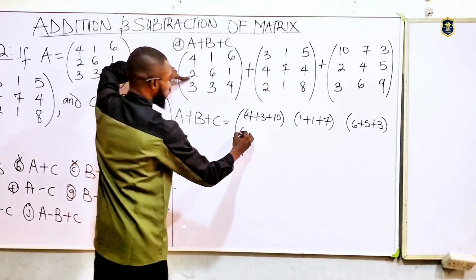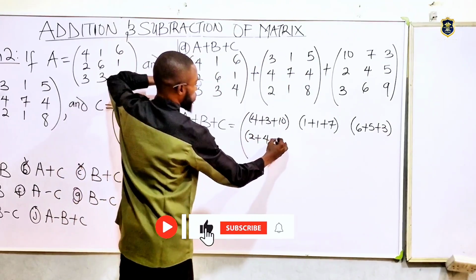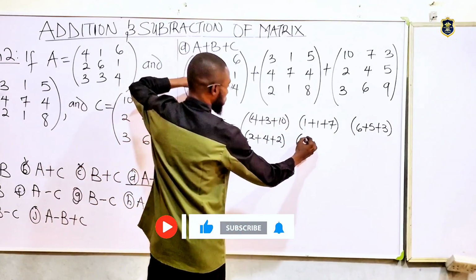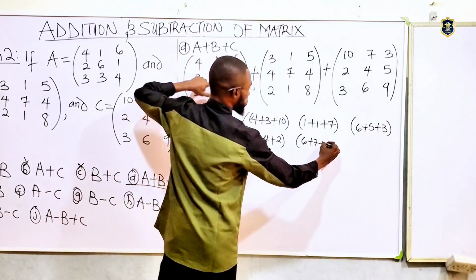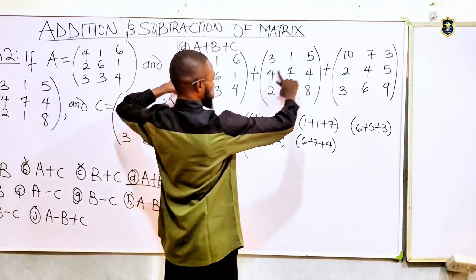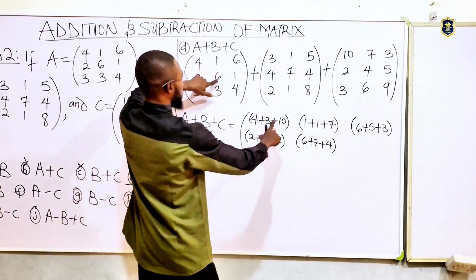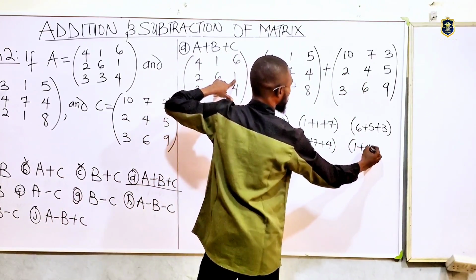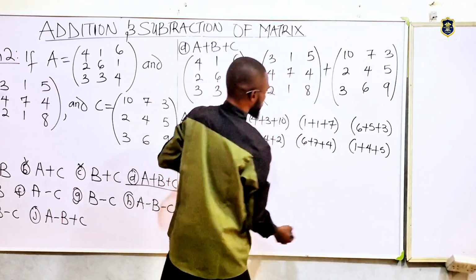Then we have 2 plus 4 plus 2, then 6 plus 7 plus 4, then 1 plus 4 plus 5.